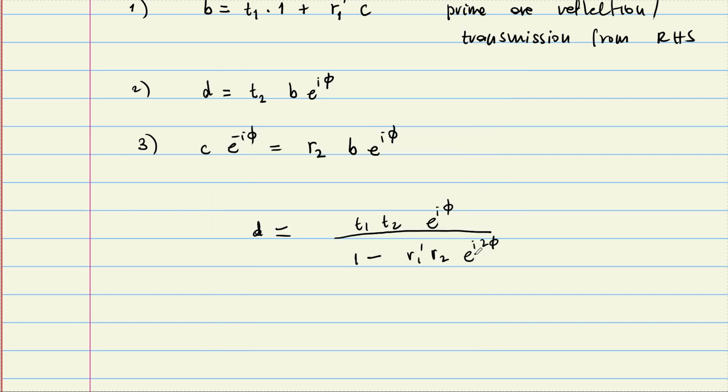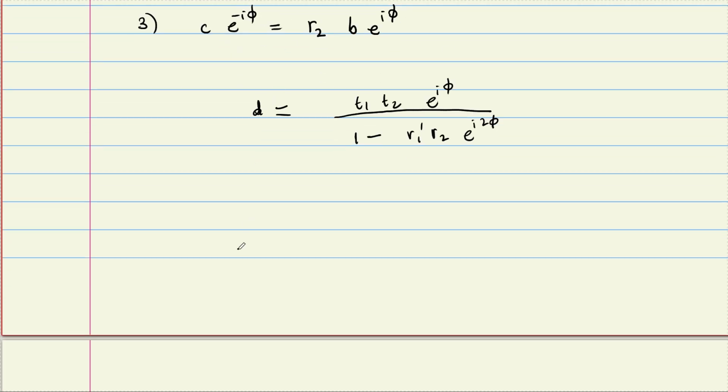Okay, I think that's it. And now I need to calculate T, which is the absolute value of D squared. The absolute value of T1 is going to be little t1, the absolute value of T2 is going to be little t2, so the numerator is T1 times T2, divided by the denominator.